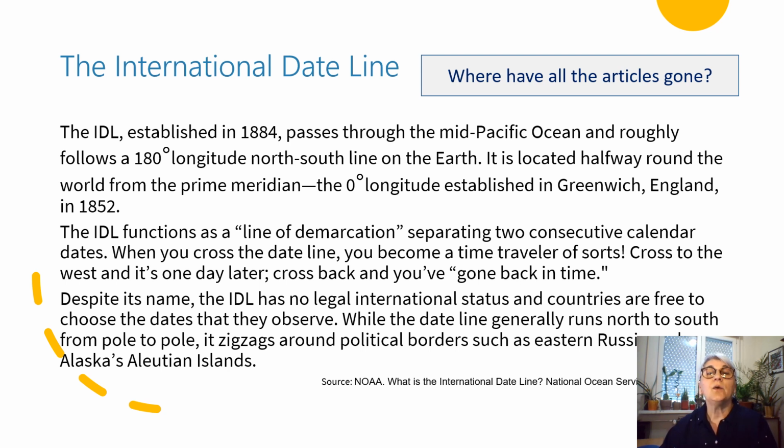Here is the text with the articles, and if you read it, you will learn that the international date line is the line which passes... It's not a real line, but people have agreed on it, and it follows a 180 degrees longitude north-south line on the Earth, and it's a sort of date line, which means that if you cross it to the west, it's 1 day later.